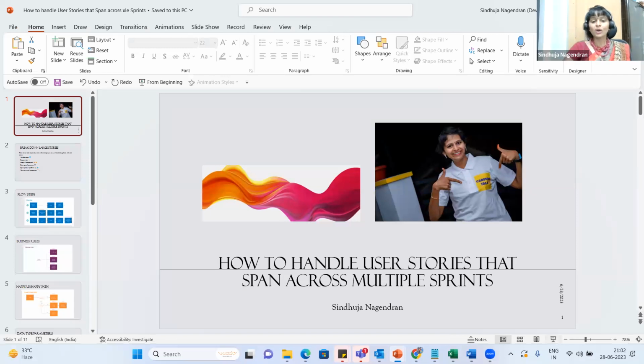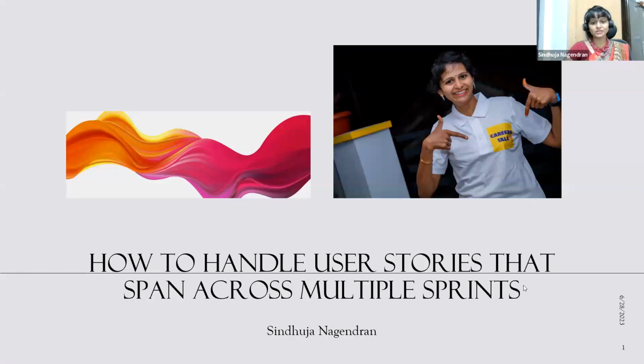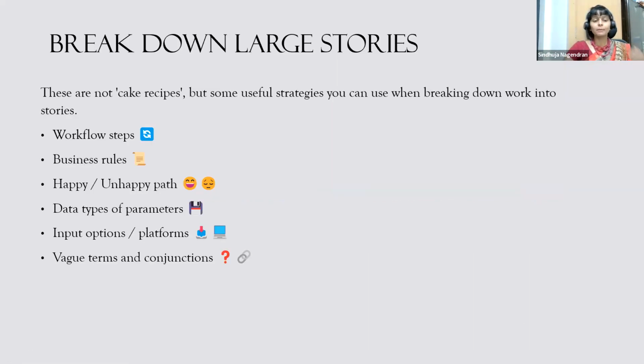Okay. So how to handle user stories that span across multiple sprints? Break down large stories. They are not cake recipes, but there are some useful strategies you can use when breaking down work into stories. For example: workflow steps, business rules, happy or unhappy path, data types of parameters, input options or platforms, vague terms and conjunctions.